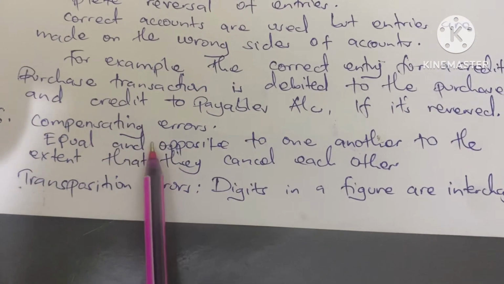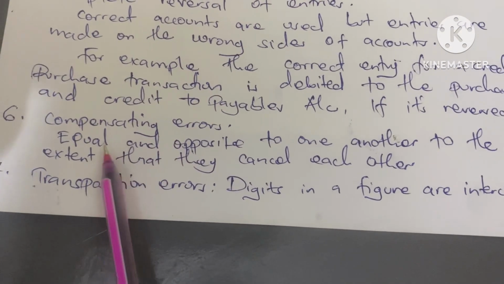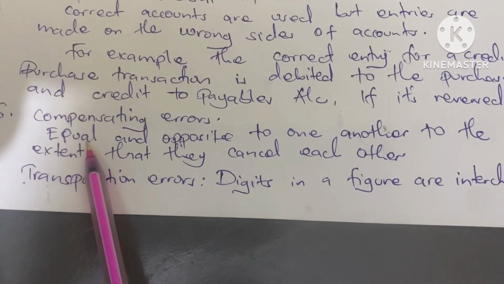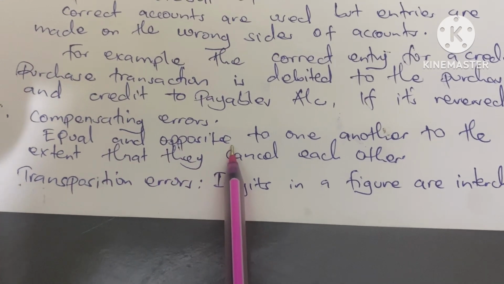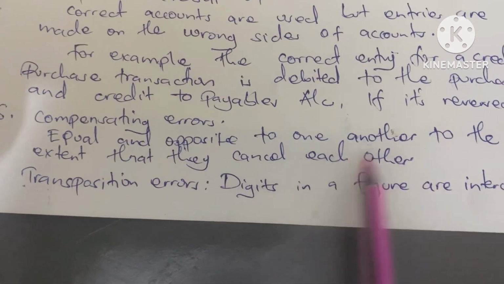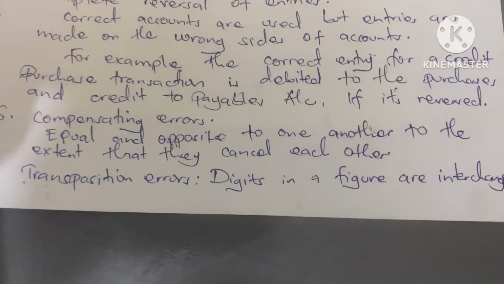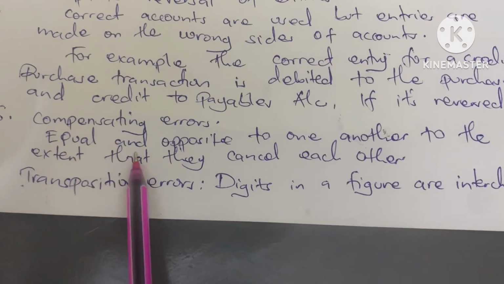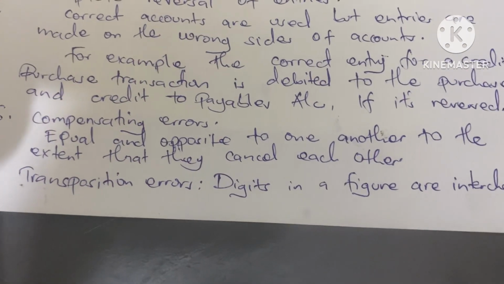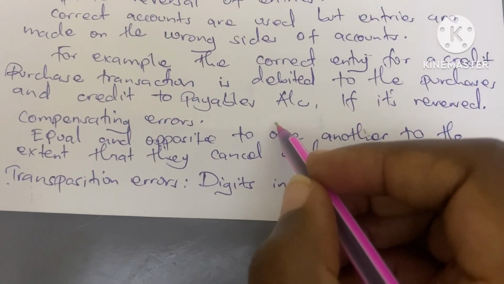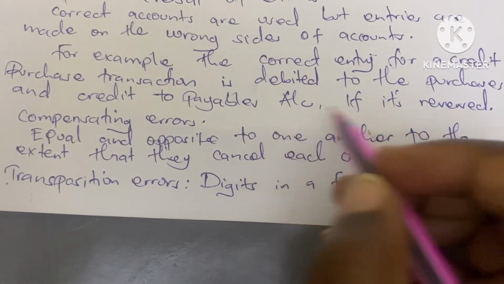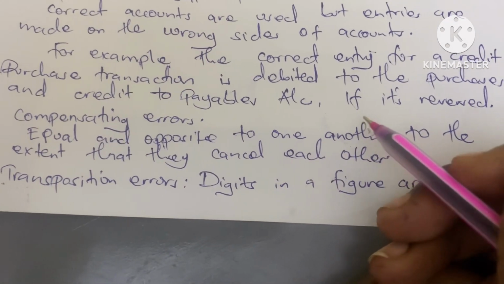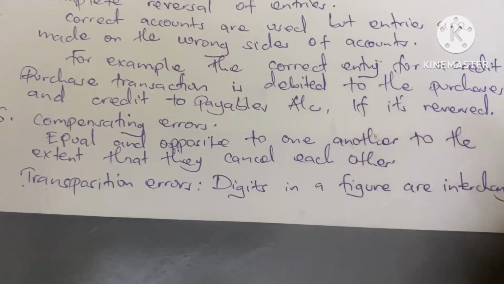Then we have the compensating errors. So here, errors are equal and opposite to one another to the extent that they cancel each other. So this one happens when there is an equal and opposite error, like you understate expenses maybe by 20,000, and then at the same time you overstate assets by 20,000.